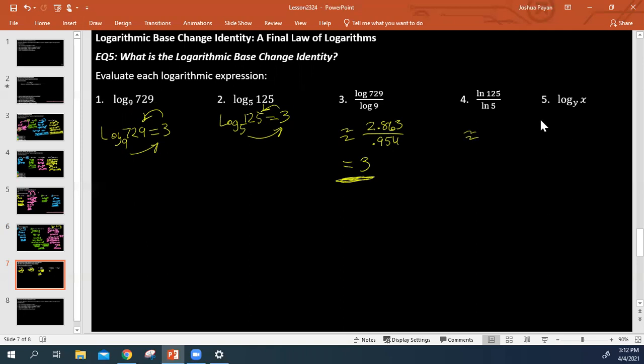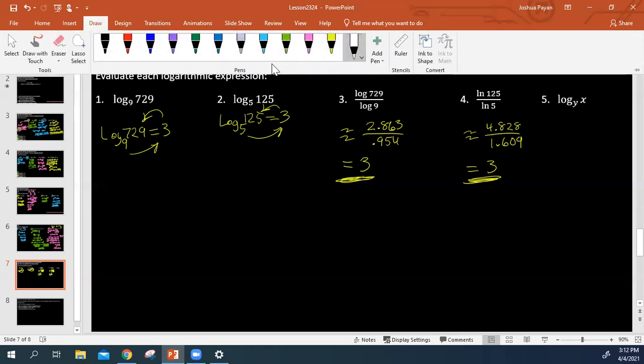Natural log of 125 is going to be 4.828 thereabouts, over natural log of 5, 1.609. And when you divide those two numbers, you get precisely 3 again. What is the pattern, you may be wondering?